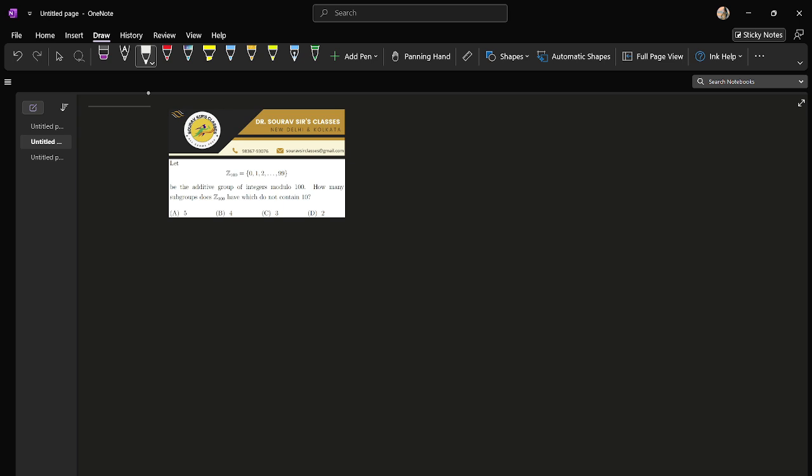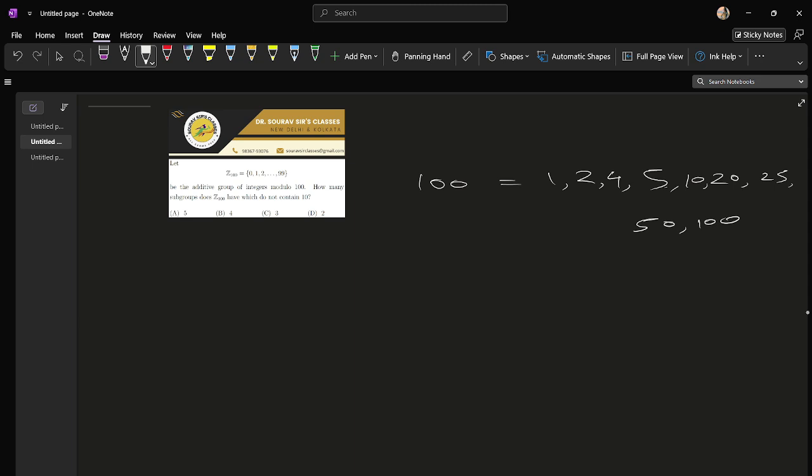The divisors of 100 are 1, 2, 4, 5, 10, 20, 25, 50 and 100.